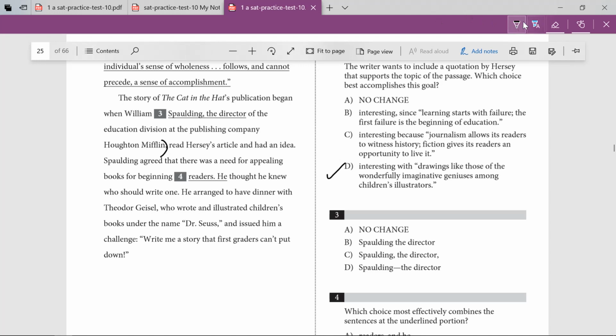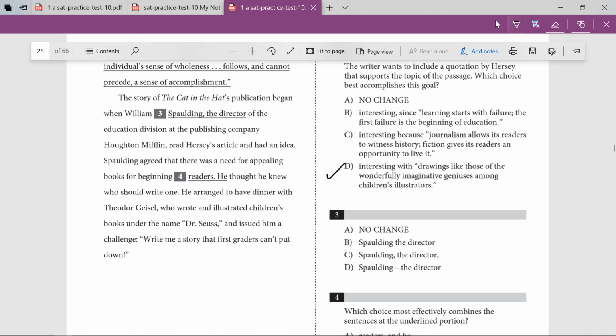So this is a comma separated list. I'll just delete this for the purpose of clarity. So it's like the title, the non-essential clause separated by two commas. The story of this thing began when this guy, the director of Darada at this place, read this article.